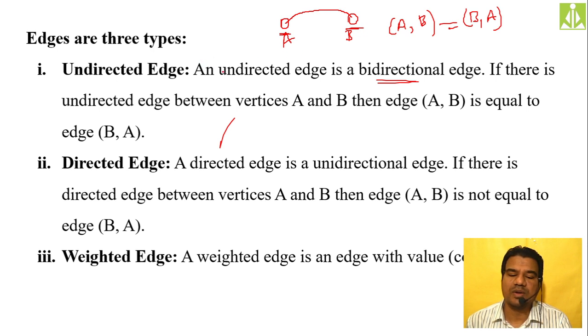Here you can read that: an undirected edge is a bidirectional edge. If there is an undirected edge between the vertices A comma B, then representing the edge A comma B is equal to representing the edge B comma A. Both are equal.